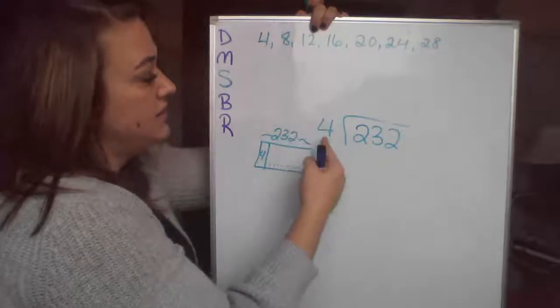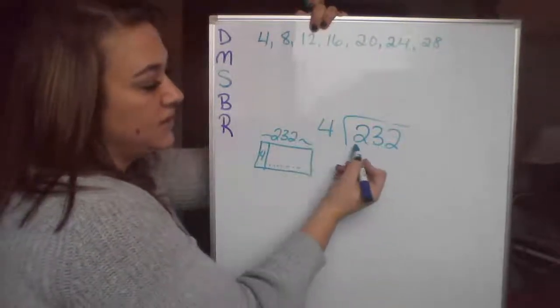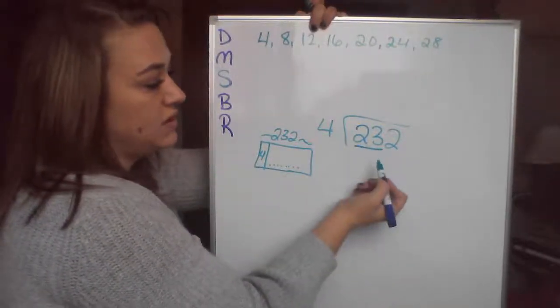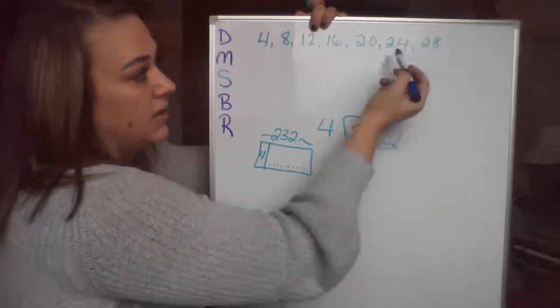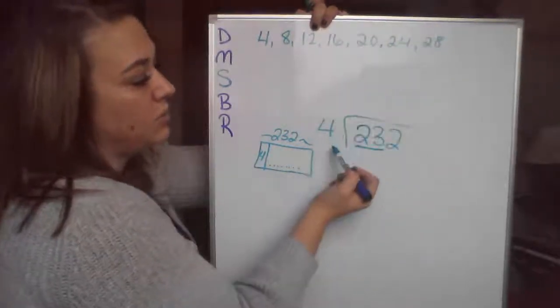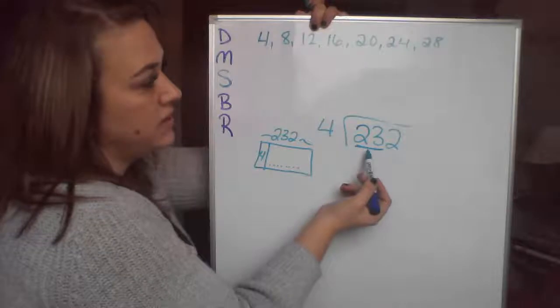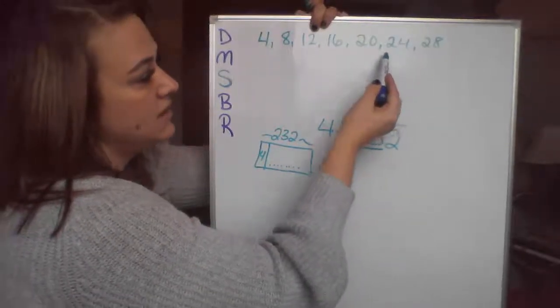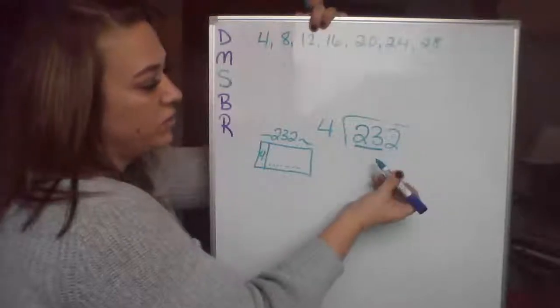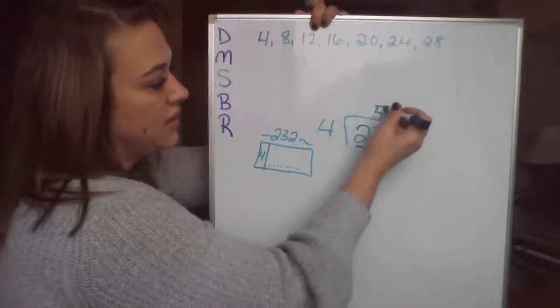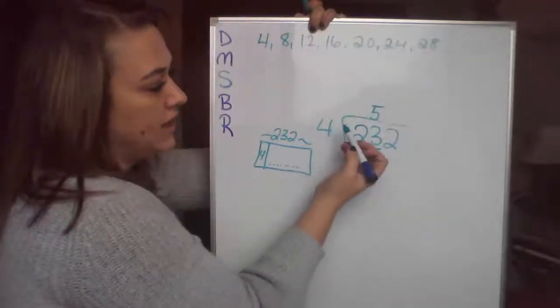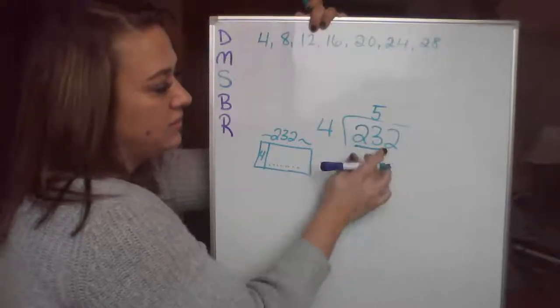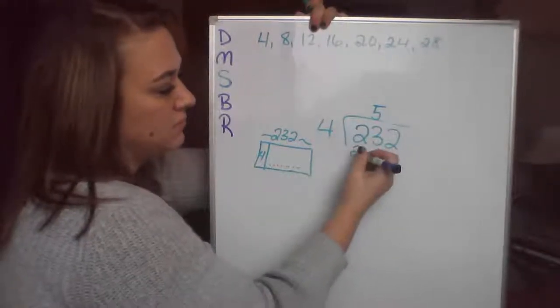So now let's start our steps. 2 is less than 4, so I need to look at the number as 23. How many groups of 4 can I make out of 23? Well, 20, 24, 24 is too many, so I can make 5 groups. So 5 is going to go here. 4 times 5 gives me 20.